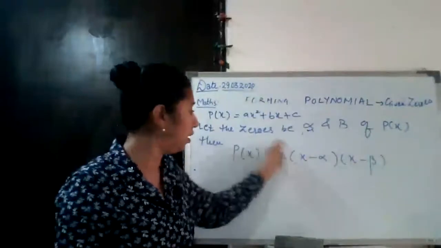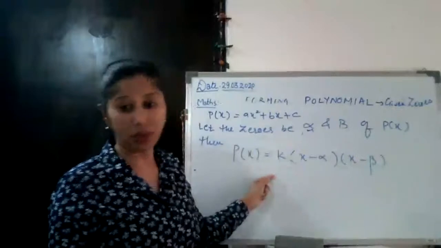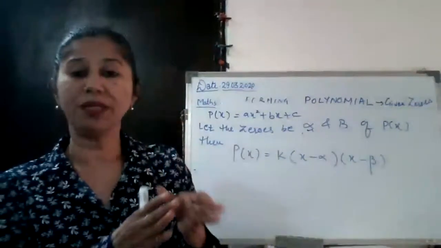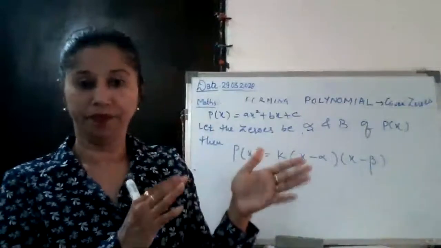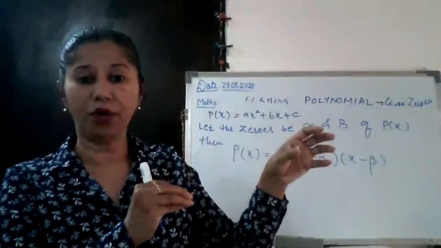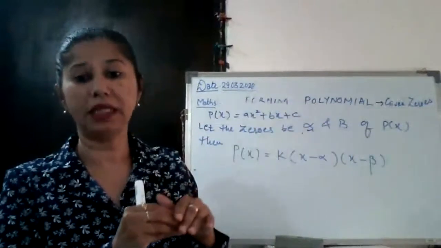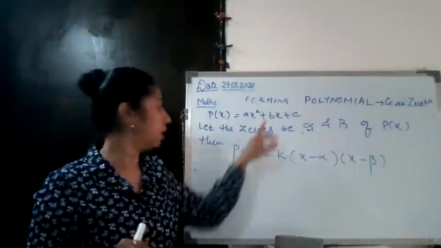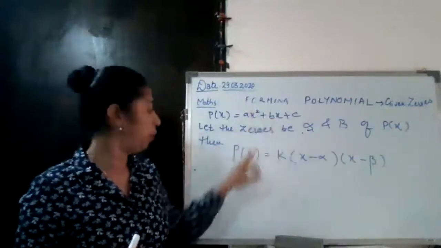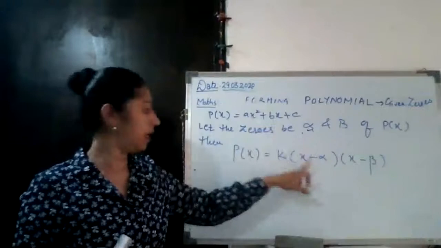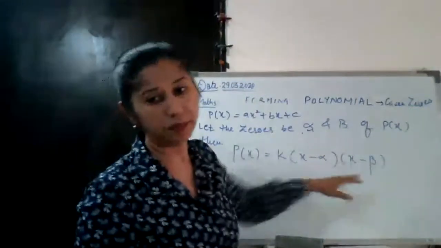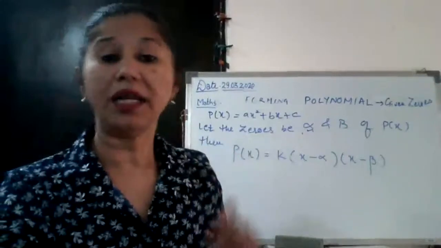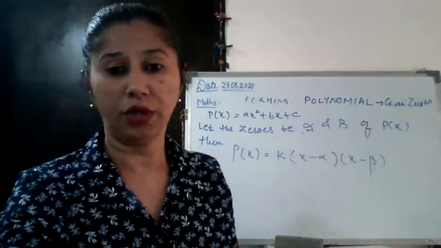I hope you got why this k is over here. Many books don't show the k, but it has to be there because k is any multiple. Though you get different polynomials, the zeros remain the same. So you could note this down. When alpha and beta are the zeros, the polynomial will be k times (x minus alpha) into (x minus beta). Alpha and beta are any real numbers. Okay, this is the formula.